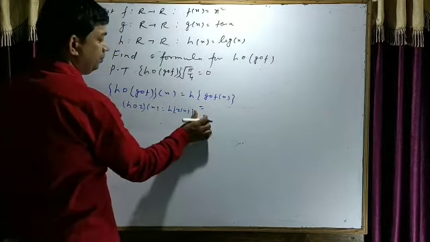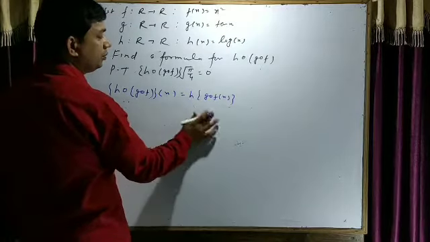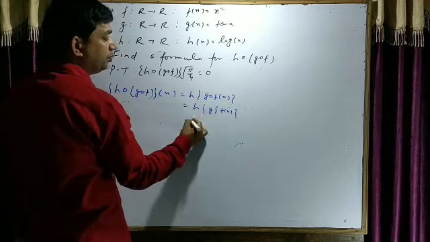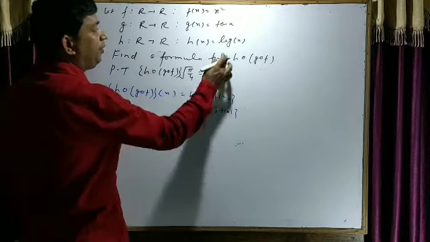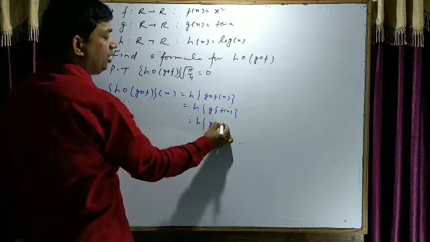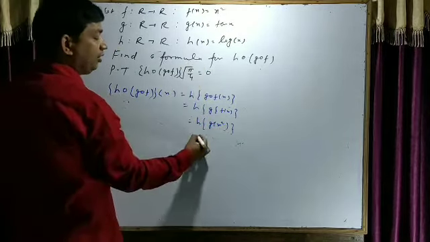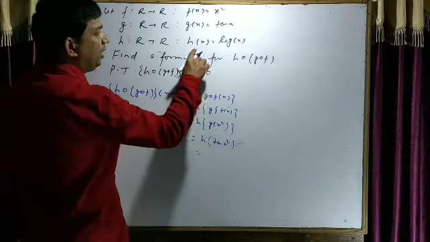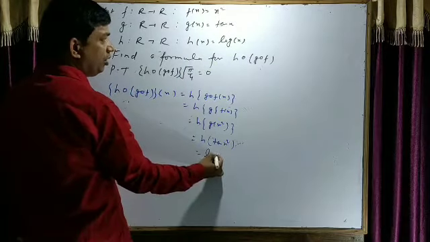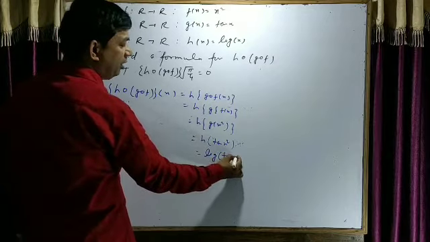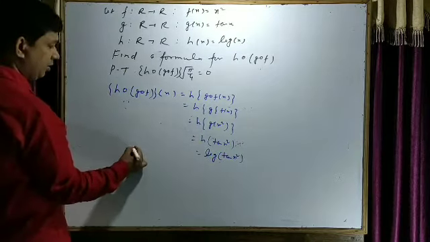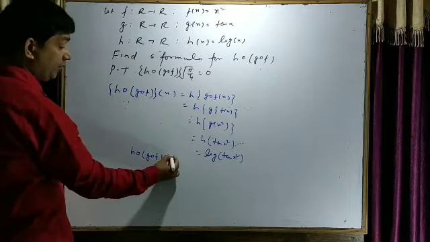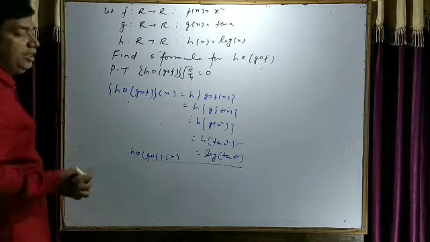So h of g∘f of x, again g of f of x. Now f of x is how much? x square. So g of x square, and g of x is tan x. So h of tan x square, and now h of x is log x. So log, in place of x we write tan x square. Okay, so here you have a formula, h ∘ g ∘ f of x equals log tan x square.